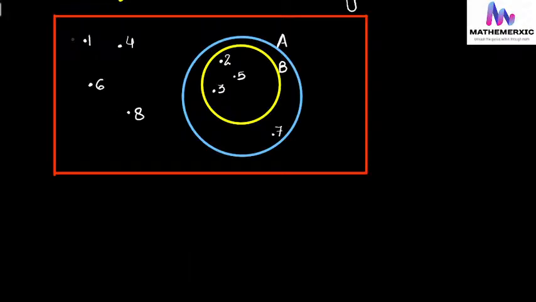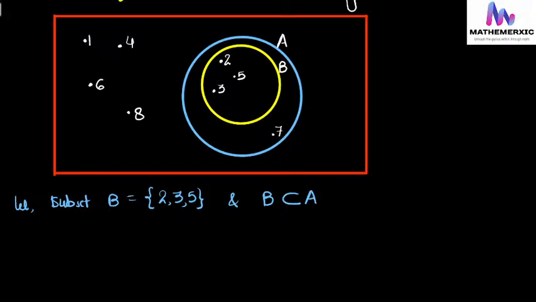So we are just extending the example. Let subset B be equal to 2, 3 and 5, and B is a proper subset of A. We can say that B is a proper subset of A because the elements are not equal and it is lesser.